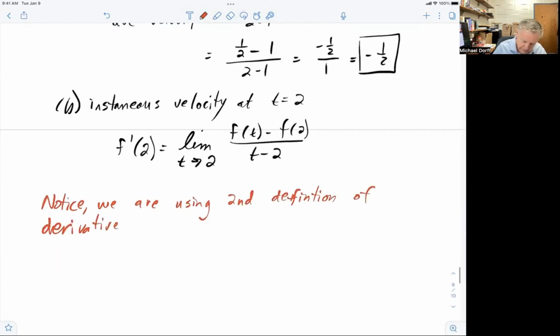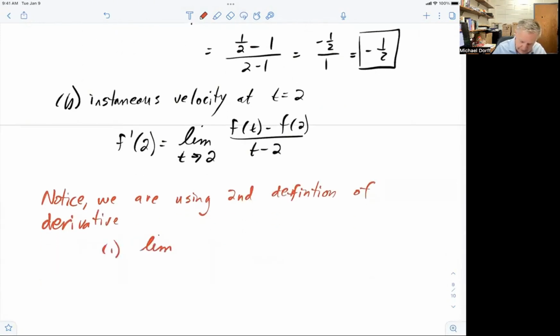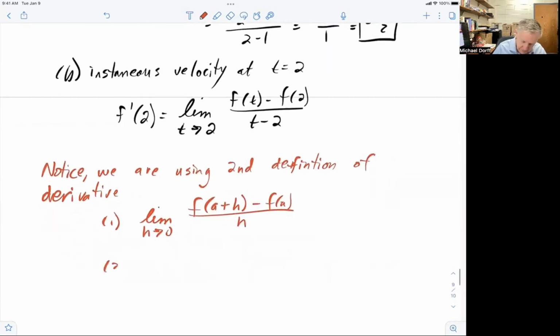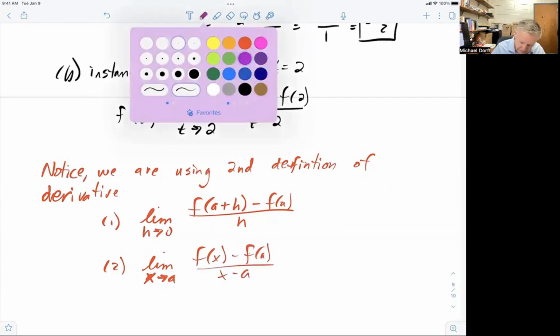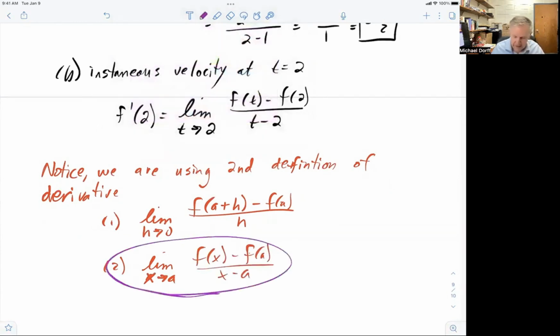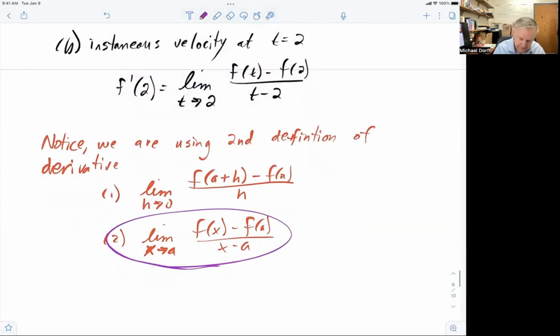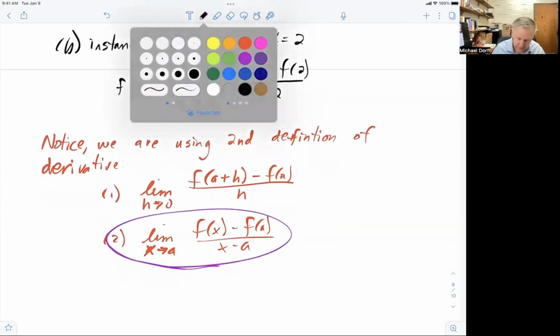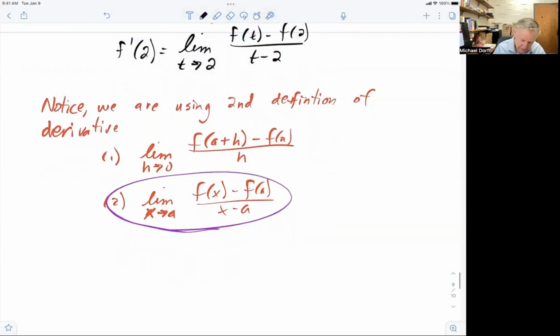The first one was the limit as h goes to 0 of f of a plus h minus f of a over h. The second one was the limit as x goes to a of f of x minus f of a over x minus a. We are using this one this time. In the previous example, we used the first definition. I want to show you both so you are aware of how to use both of them.